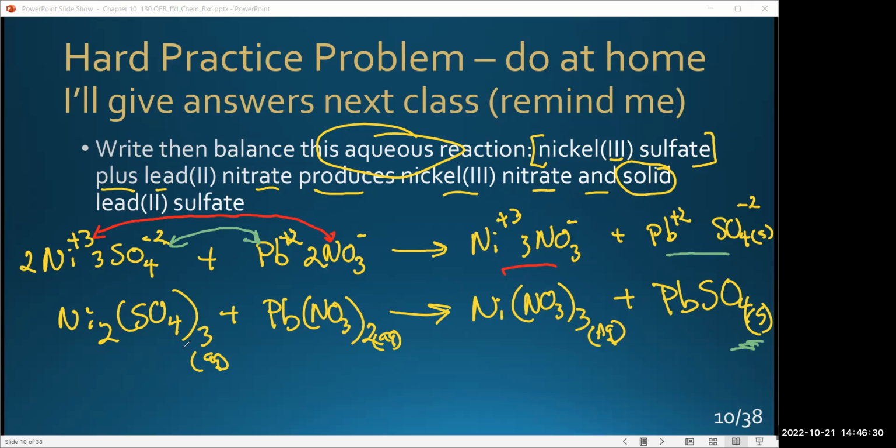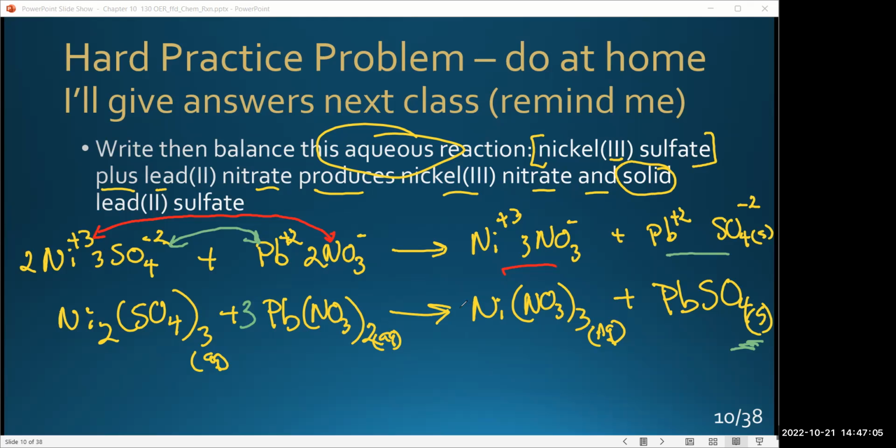Okay, so let's look at the polyatomic ions, and let's just focus on one of them, the nitrates. We've got 2 nitrates on the left and 3 nitrates on the right. Don't we have a dissimilar situation here again? Sure, no problem. So what I do, like we've been doing before, is put a 3 in front of the lead nitrate, which now gives me 6 nitrates.